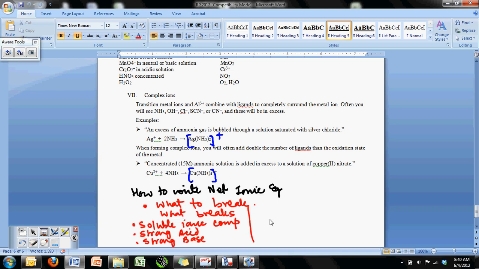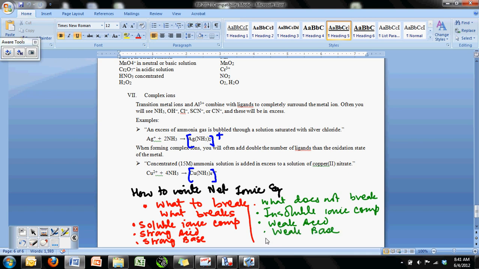What does not break is an insoluble ionic compound, which does not dissociate. A weak acid does not dissociate, a weak base does not dissociate, and a molecular compound does not dissociate.